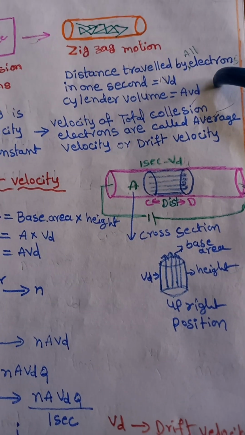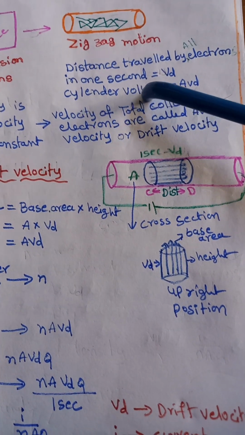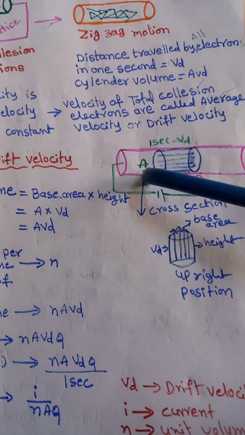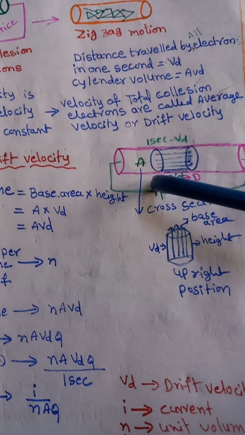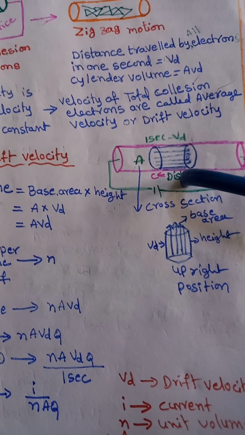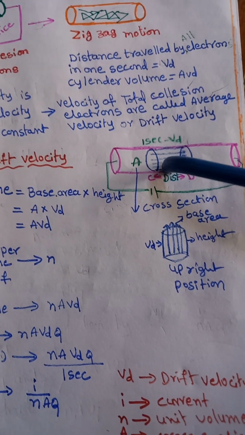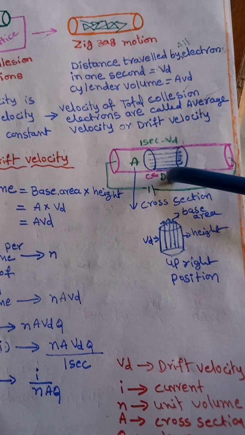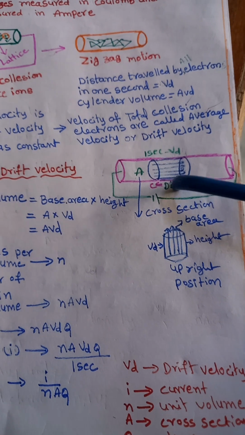The distance travelled by all electrons in 1 second is called Vd. The distance means C to D, travelled by all the many electrons.